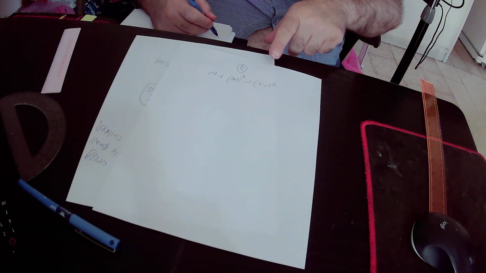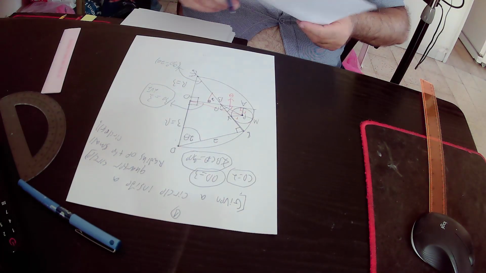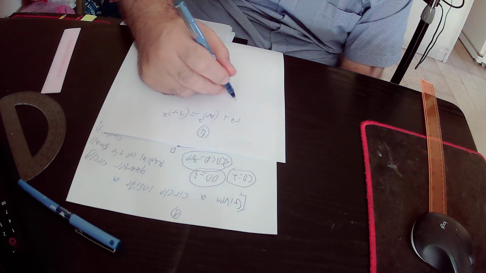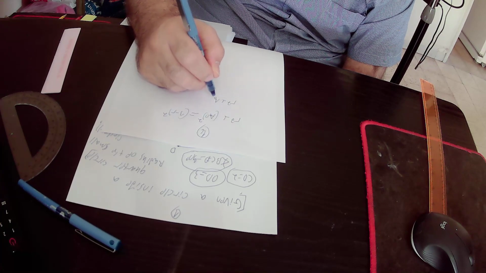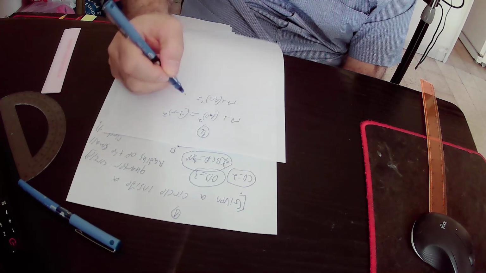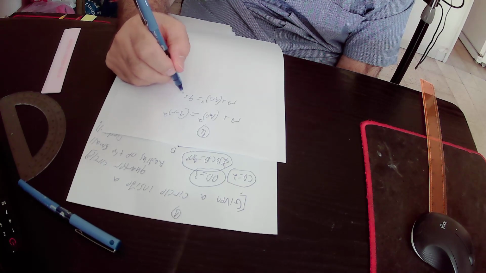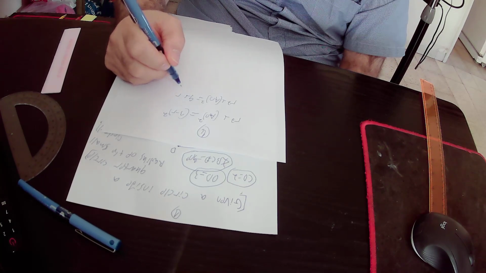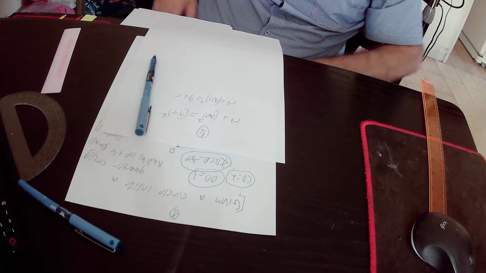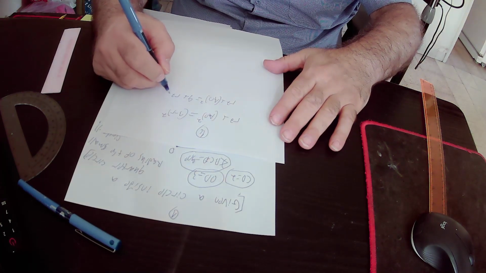So here we will open the brackets and we will get that r square plus AO square equals 3 minus r square, which is 9 plus r square minus 6r.